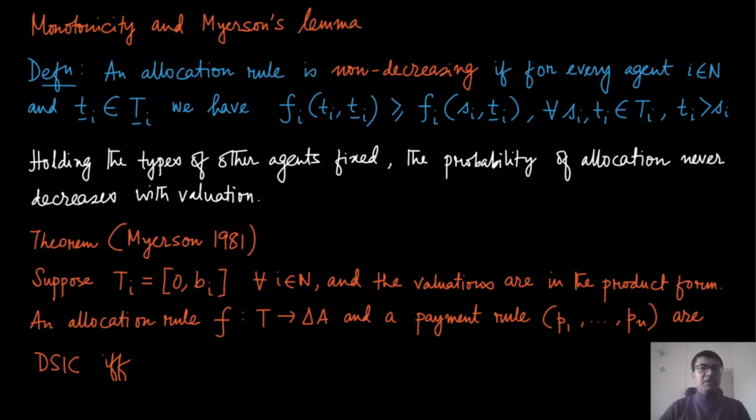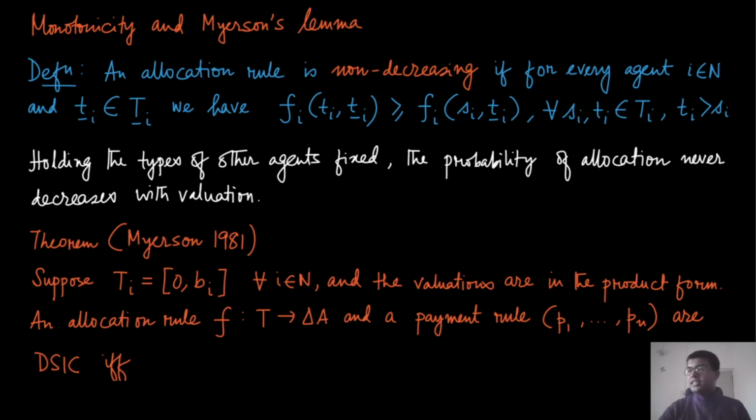So what does it mean? It means that if the valuation of player i is increasing, then the probability of allocation of the object to that player cannot decrease.